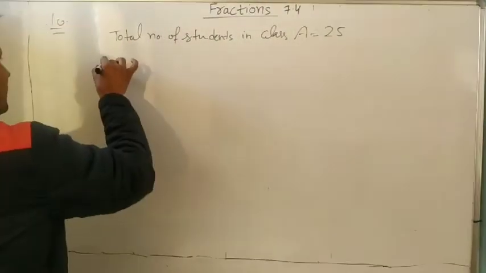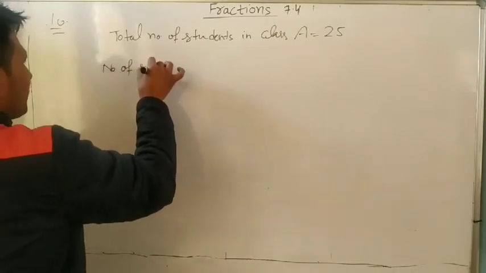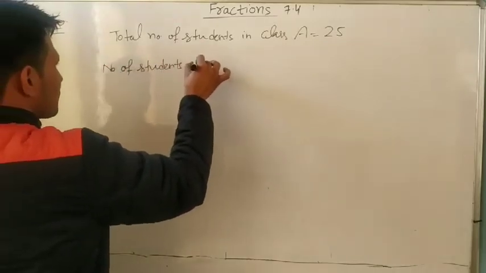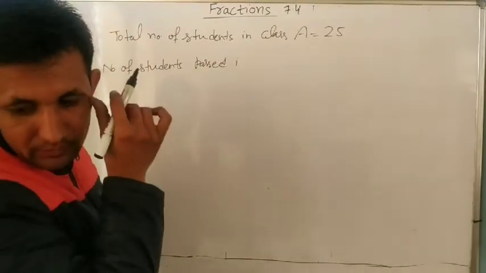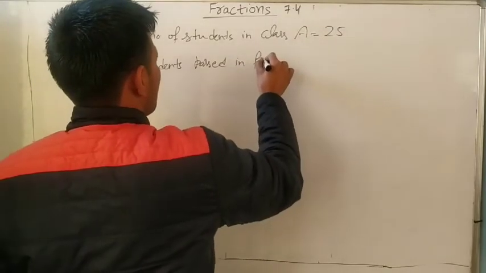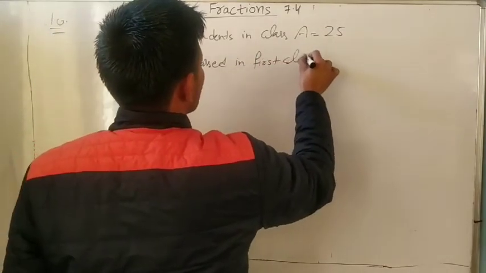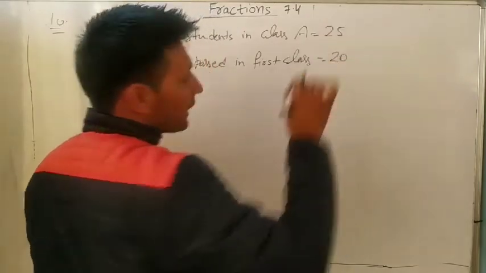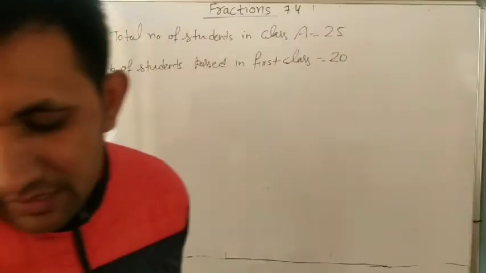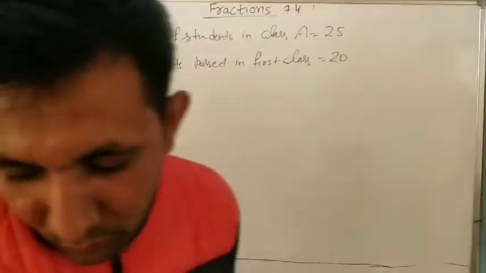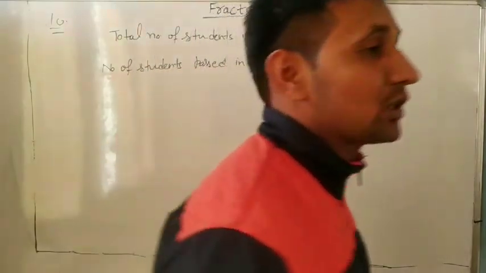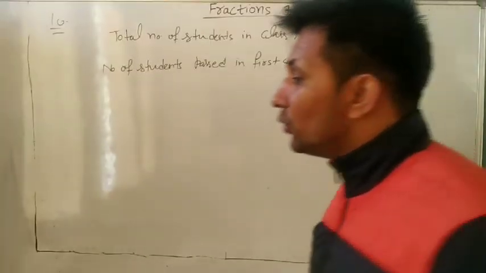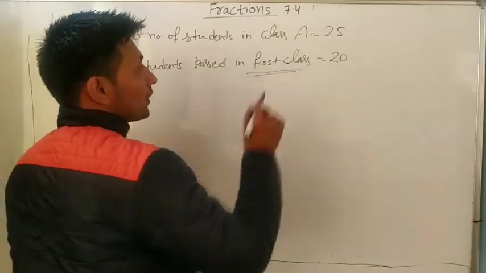So write number of students passed in first class. How much is that? 20. Same as it is, in class B of 30 students, 24 passed. In which class was a greater fraction of students getting first class?